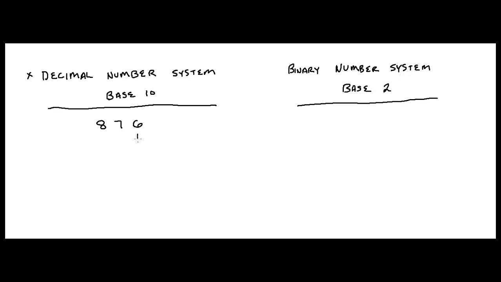Let's really talk about what each one of these means. This digit right here is really 10 to the 0, isn't it? This digit right here is really 10 to the 1. And this digit right here is really 10 to the 2.